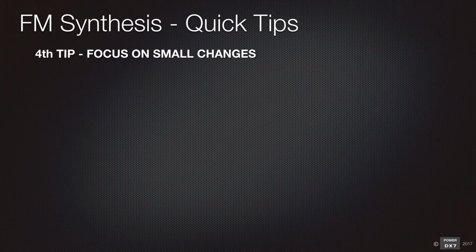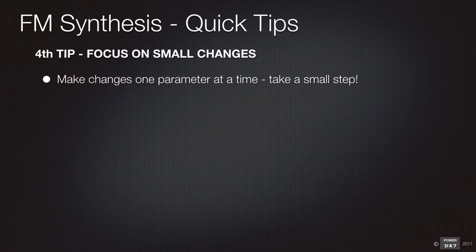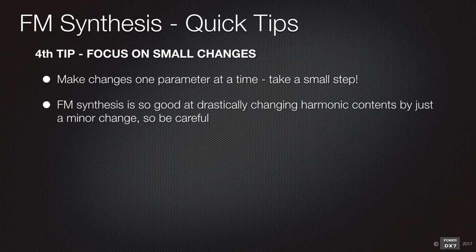The fourth tip is to focus on small changes. You should focus on changing only one or a few parameters at a time. Because FM synthesis is so efficient in generating a wide variety of harmonics and inharmonics, if you make changes to several parameters at once, you will lose track of which parameter is producing which harmonics and inharmonics.